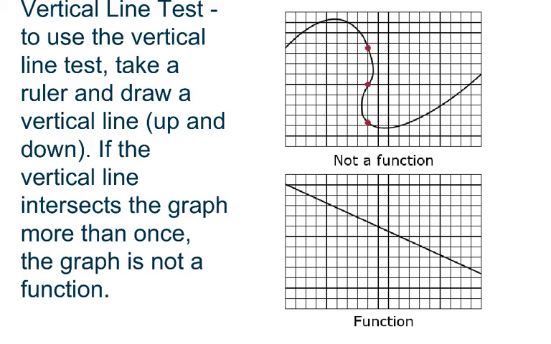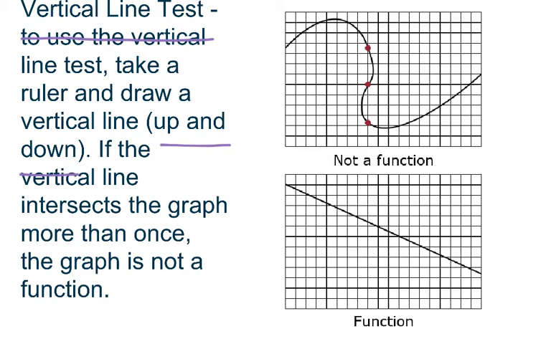Okay, so let's look at what it looks like when it's a function and when it's not a function. This may be something that you've heard of in the past, the vertical line test. To use the vertical line test, you're going to take a ruler and draw a vertical line. That's an up and down line. If the vertical line intersects the graph more than once, the graph is not a function.